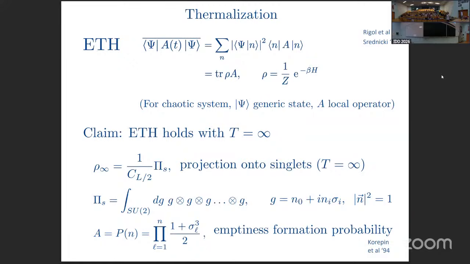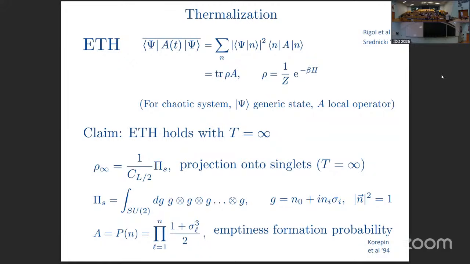And that builds on the assumption that for a sufficiently generic state in a model without too many degeneracies, this time average expectation value is just given by the diagonal matrix elements. That's the eigenstate thermalization hypothesis.